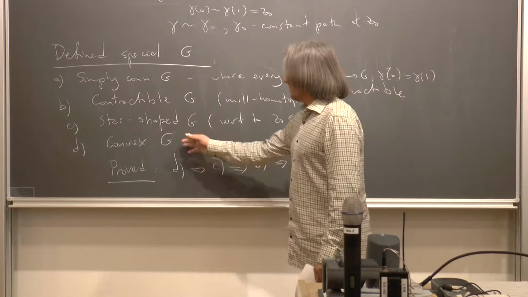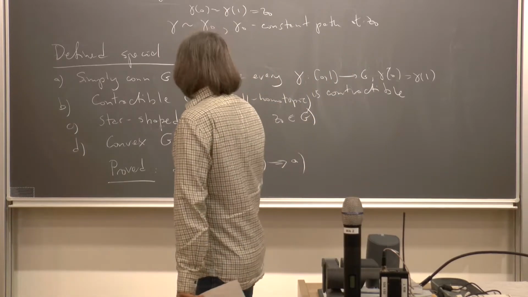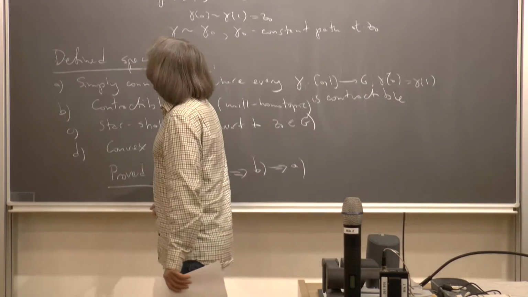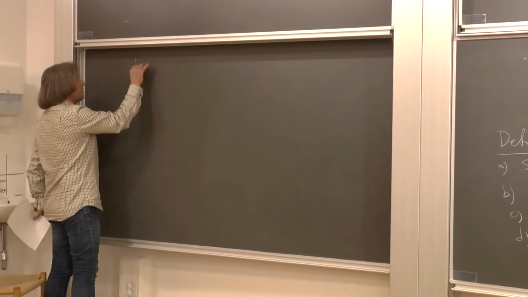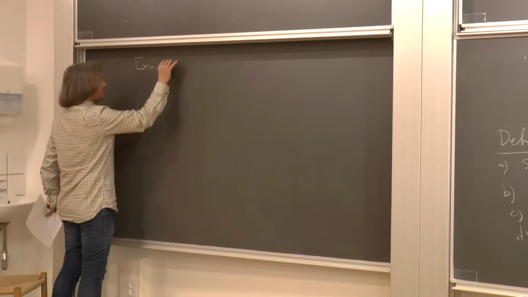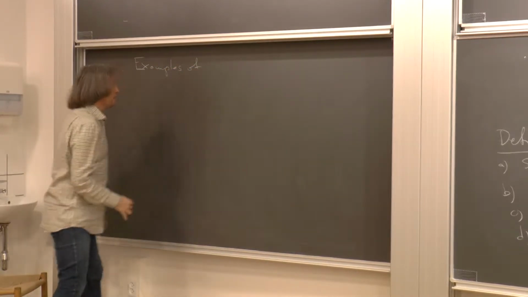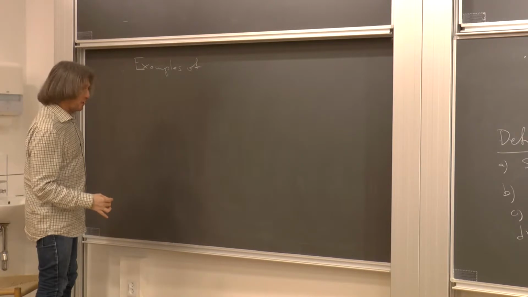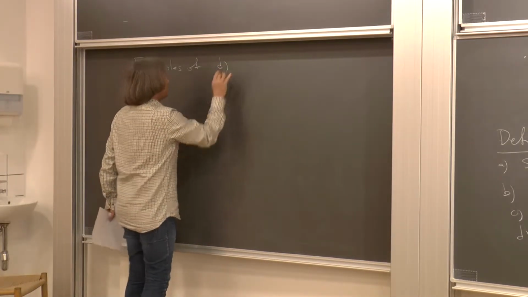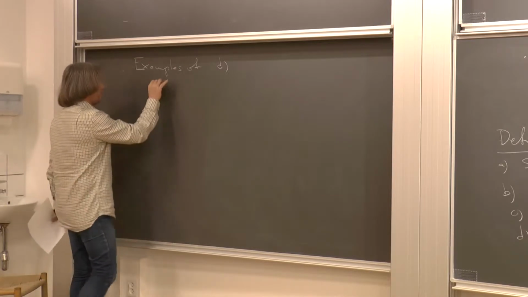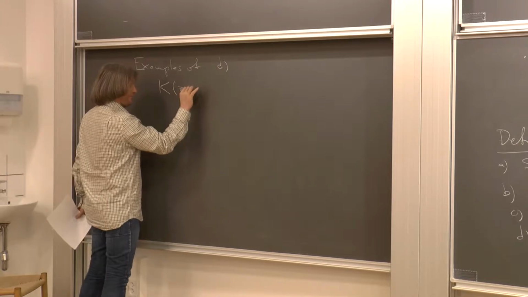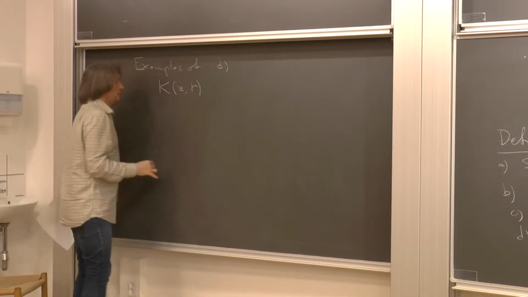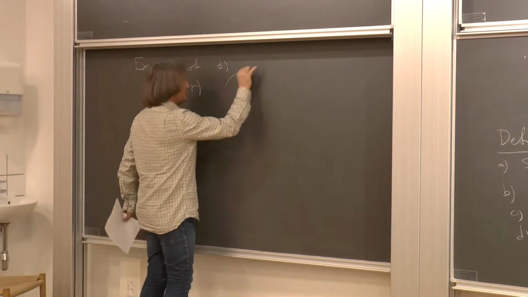But there are easy examples of those. For example, convex. What I'll actually need today at the lecture is examples of convex ones, D. So a disk. I'll draw it.